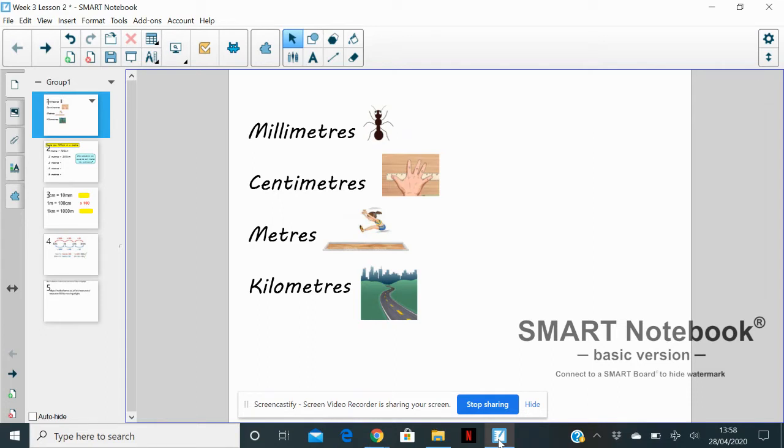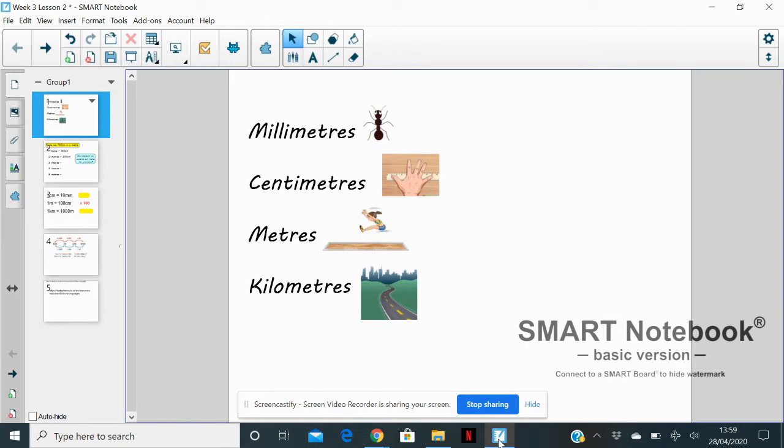When we have 100 centimetres, that gets us to 1 metre. Now metres, like I said before, visualising a metre is about your arm span. We might use metres at sports day to measure how far someone jumped in the long jump, or maybe to measure the length of our assembly hall, for example.